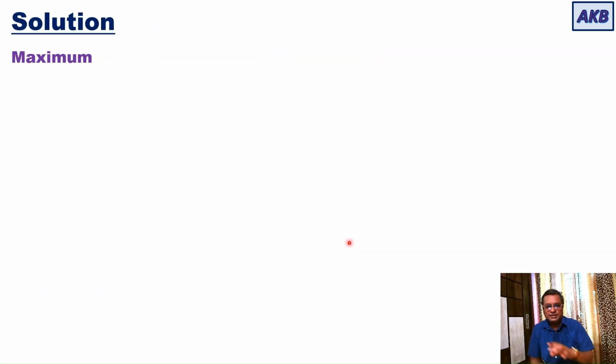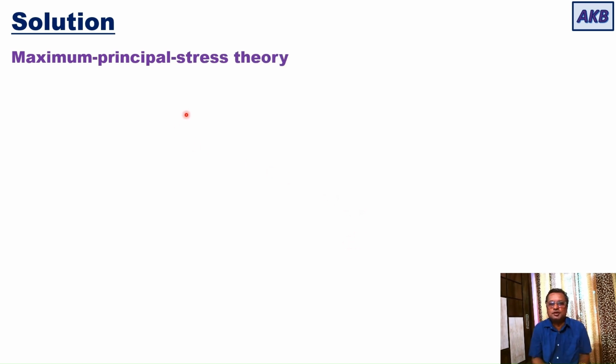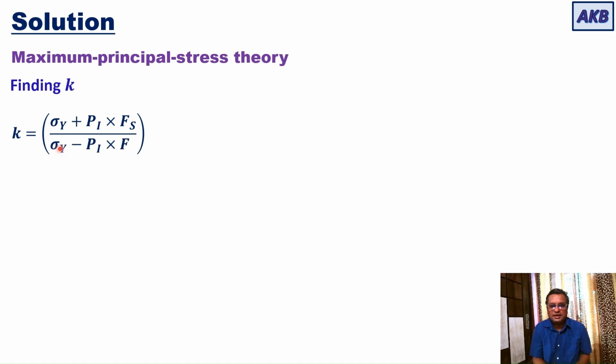So let us solve it. First, we will do calculations for maximum principal stress theory. The first step is to find K, and for that I will be using the equation for K. I have derived this equation in my discussion on maximum principal stress theory.